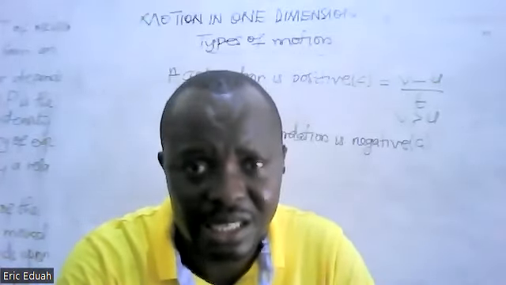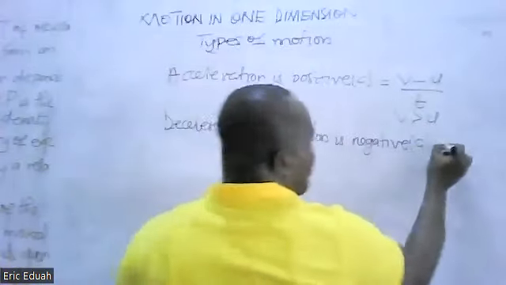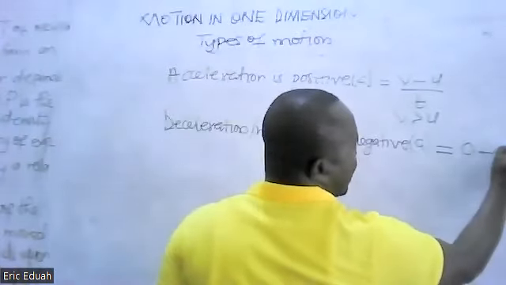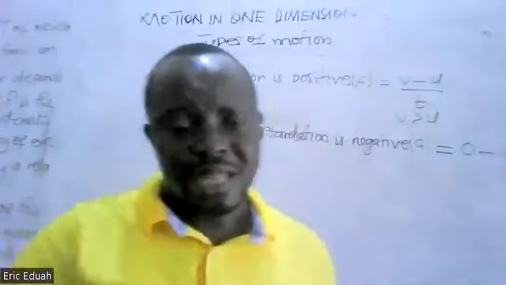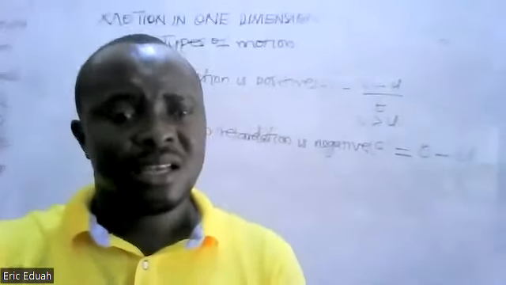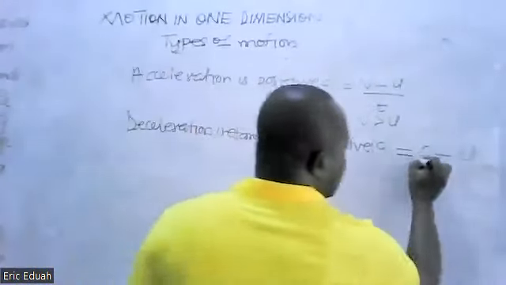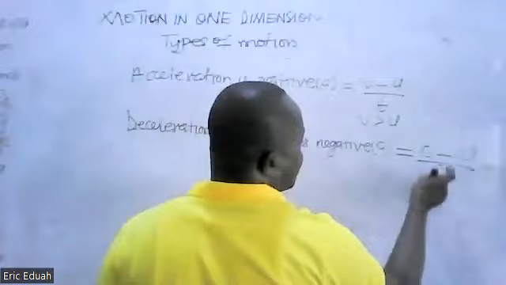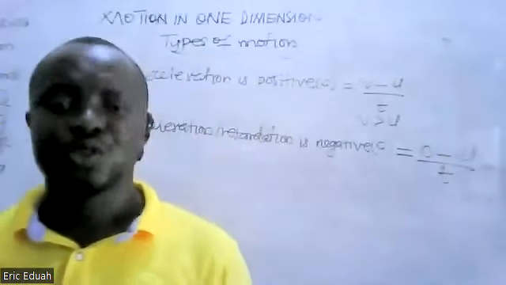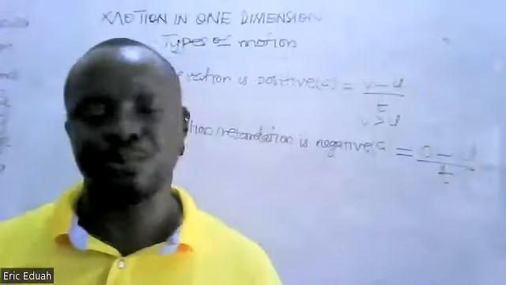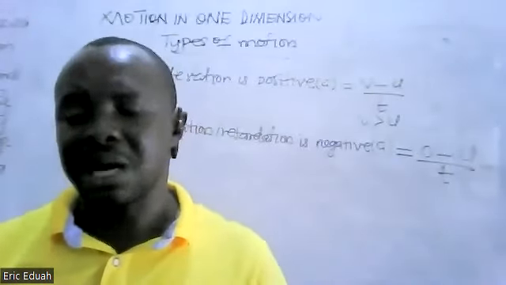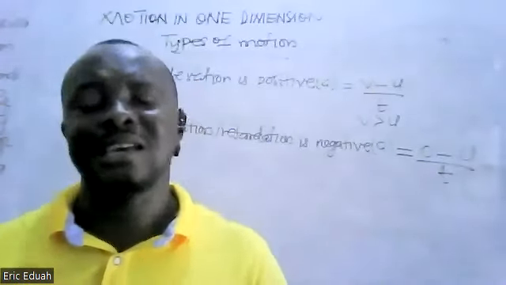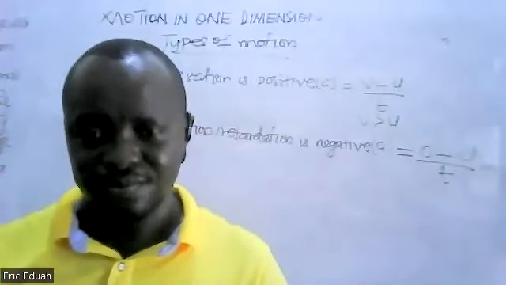The final velocity is 0. So over here, v is 0 and the initial is huge. The starting velocity is large, but the final velocity is 0. Because this is 0 and this is a large figure, when you divide, you tend to have a negative value. So that's why acceleration is a positive situation, but deceleration or retardation is a negative situation.